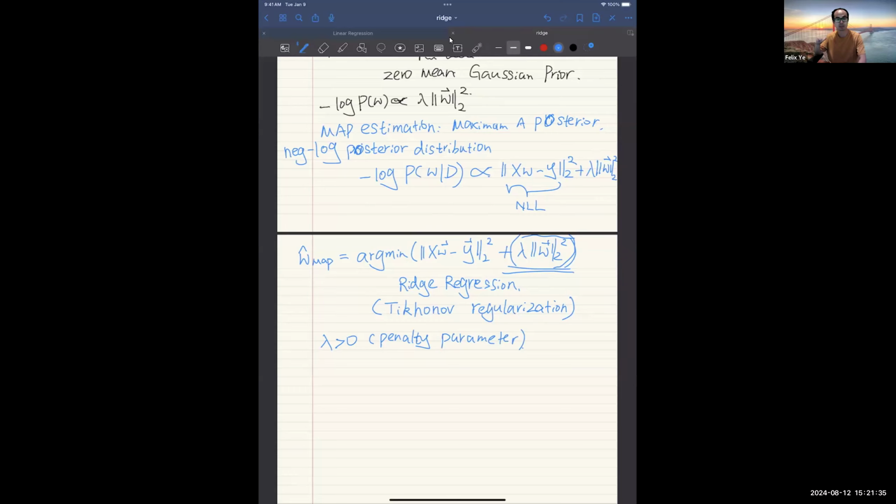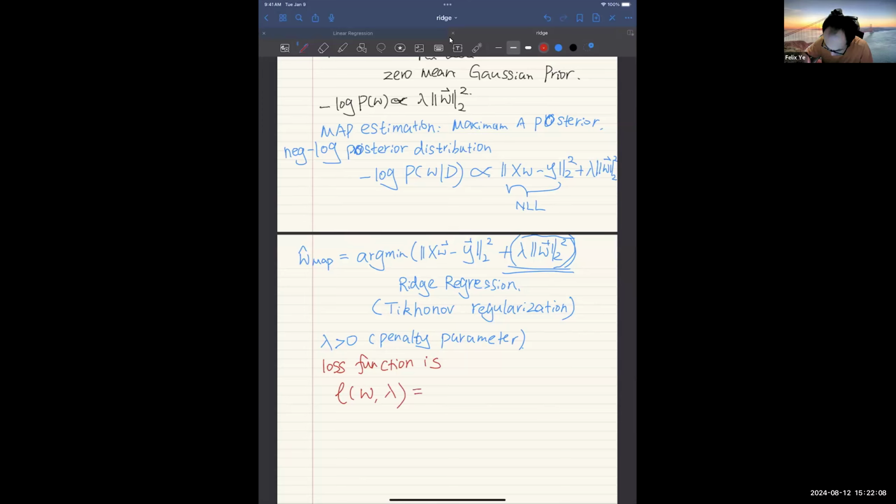Okay. So that's why we can rethink everything. We denote this whole loss function, so my loss function becomes a function of the parameter W and also the penalty parameter lambda.